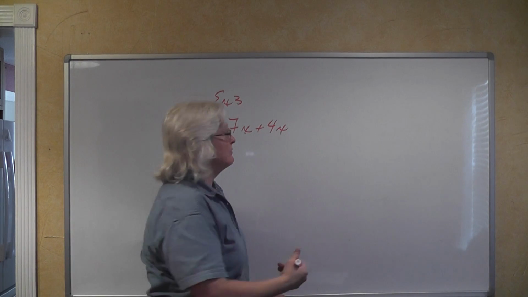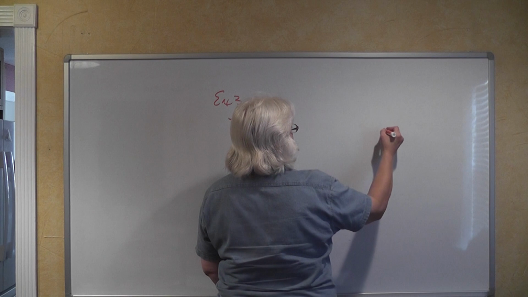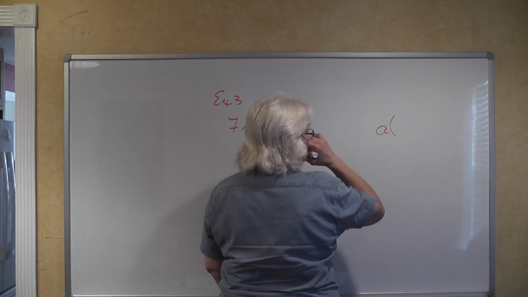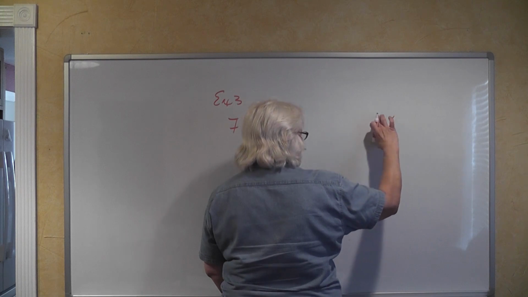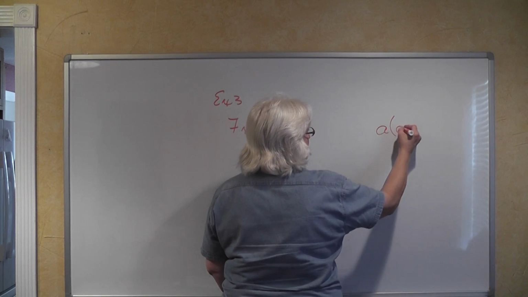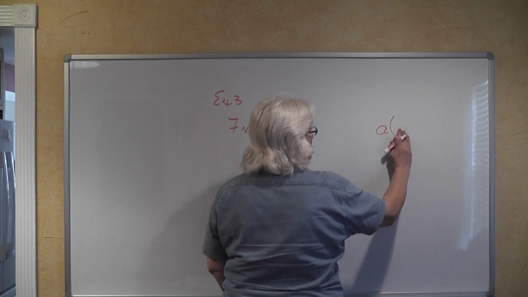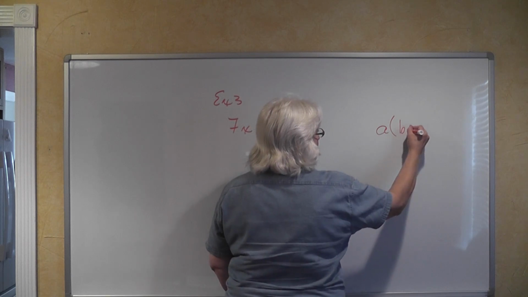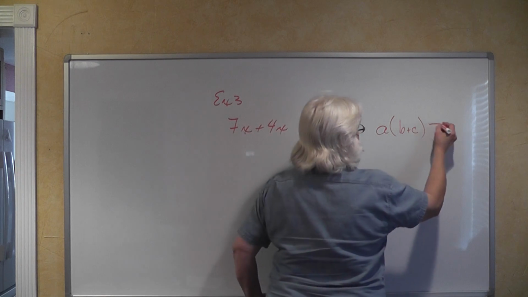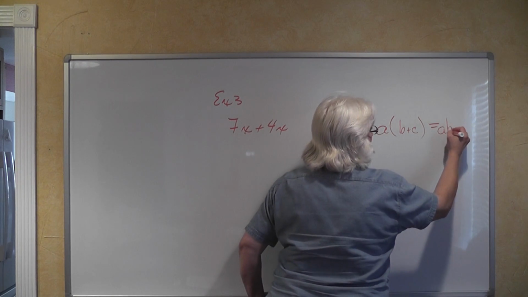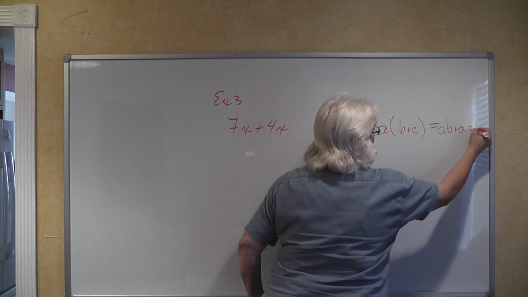What does the distributive property tell us? It says if we have the product, we multiply a factor times a sum, but that's the same as taking that factor and multiplying it against each term by itself.